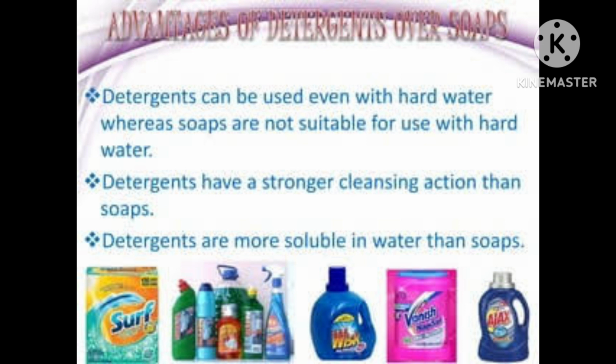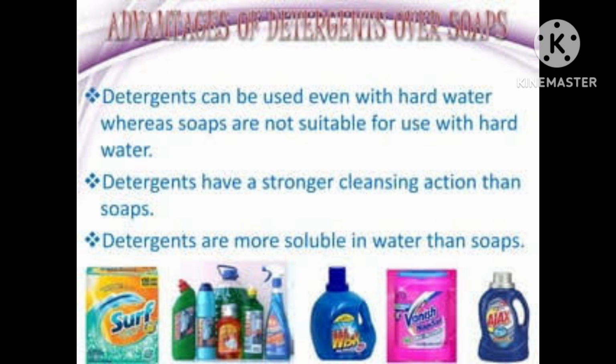Soap has two parts. One part is head, the other part is tail. This head is water loving. That's why its name is hydrophilic. Hydro means water, philic means liking, water loving.